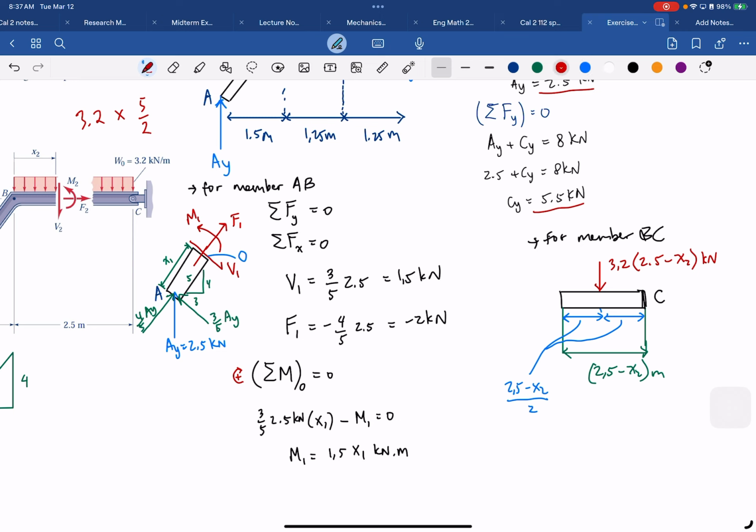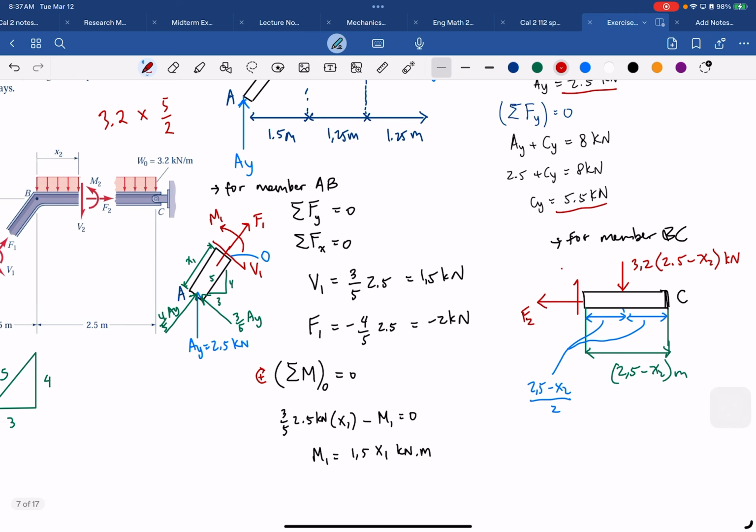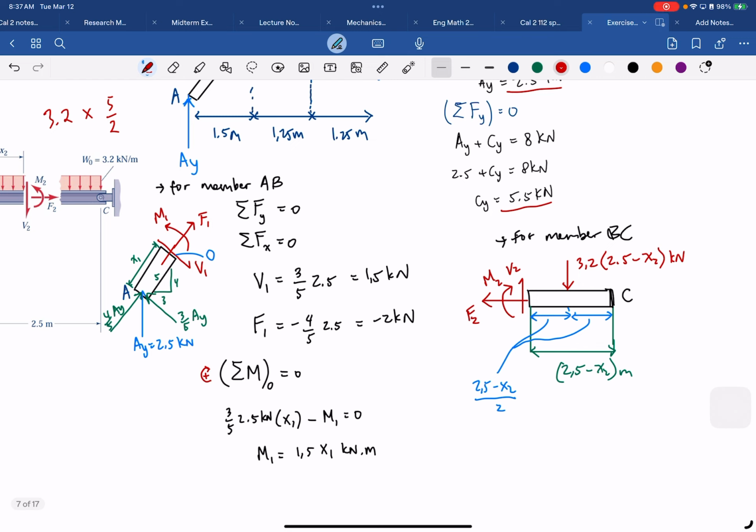And what else do we have? This is becoming the F2, and we are going to write the opposite direction with the questions. It will be V2, and we are going to have this moment here, the bending moment M2. Okay, I think everything.